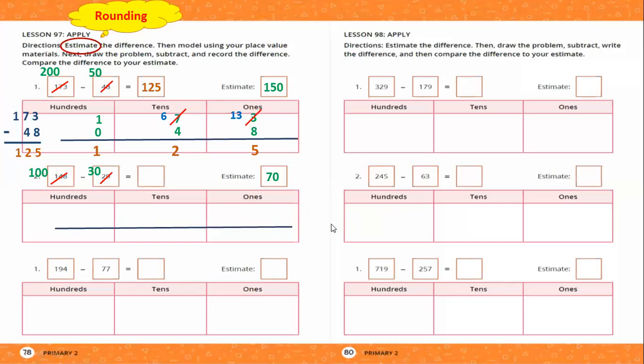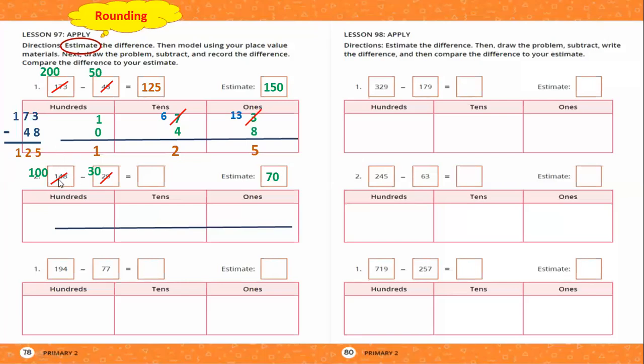Okay, Salah, focus with me. 148, Salah. We estimated these numbers as we learned in the rounding strategy. Do you remember? 148 is between 100 and 200.